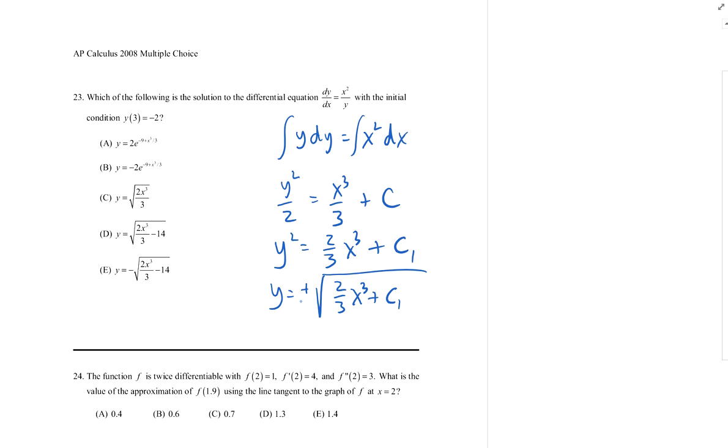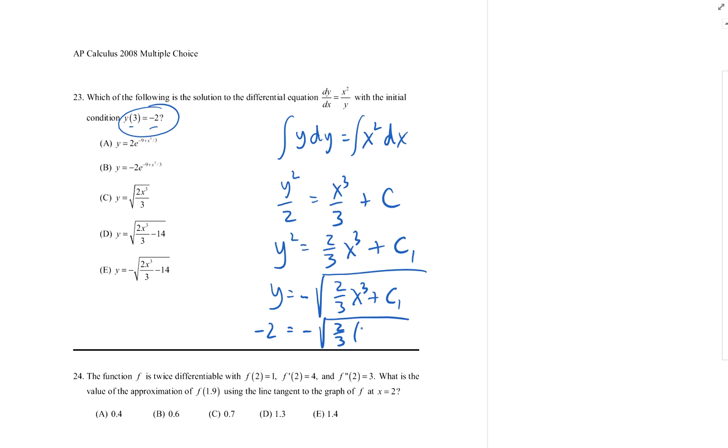Now this is actually plus or minus. Notice, if I plug in x equals 3, y is going to be negative 2, so my plus or minus is really just minus, because it's going to be the negative root for my answer, because my y value is negative.